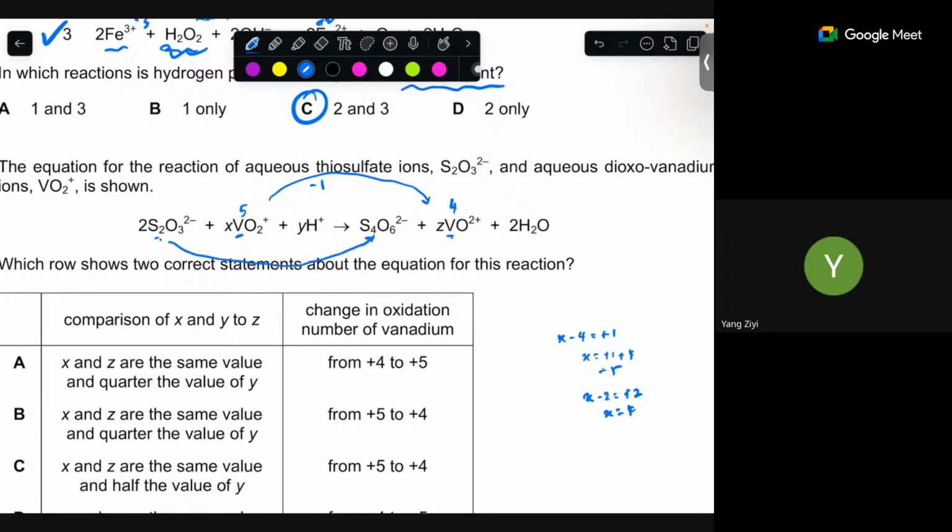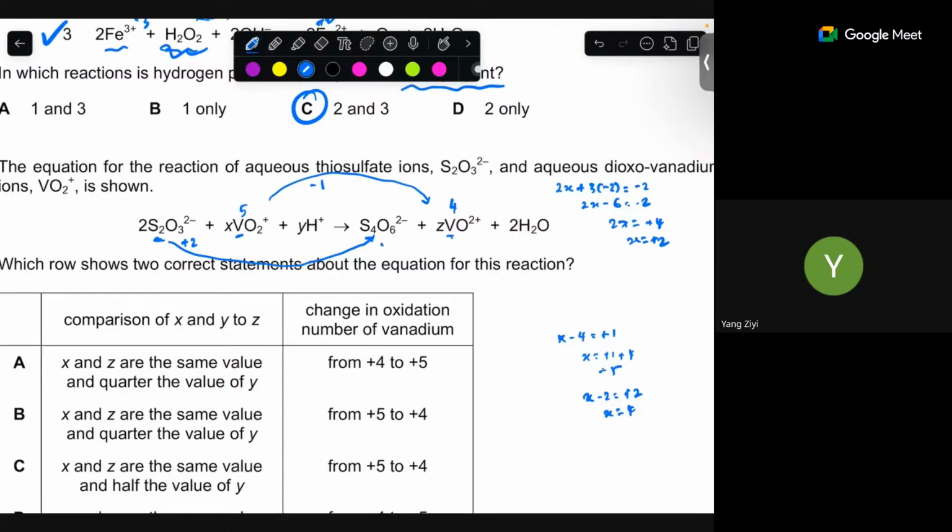So now we will look for this and this, from here to here. Let's look. 2x plus 3 times negative 2 equals to negative 2. 2x minus 6, negative 2, 2x. So here is going to be plus 4, x equals to plus 2. So this is plus 2.